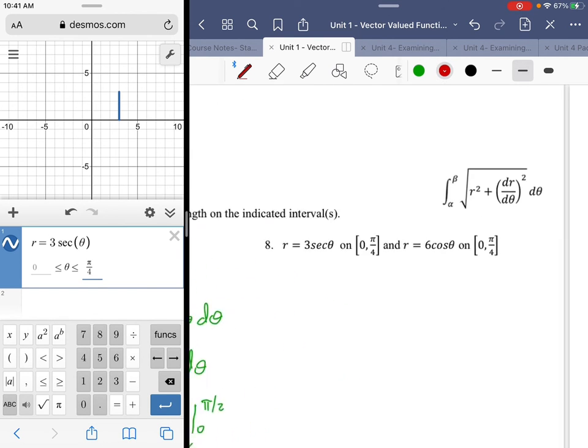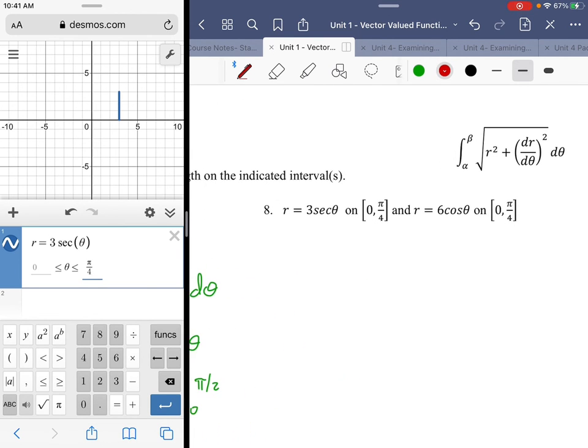All right, so let's take a look. We're going from 0 to pi over 4, and d theta at the end. I'll write r prime instead of the r d theta.